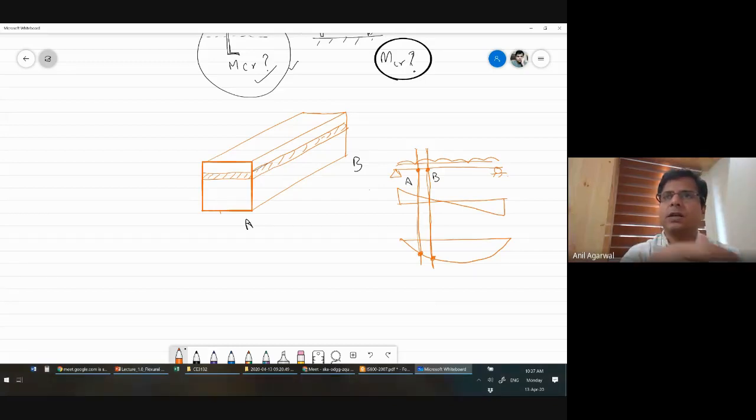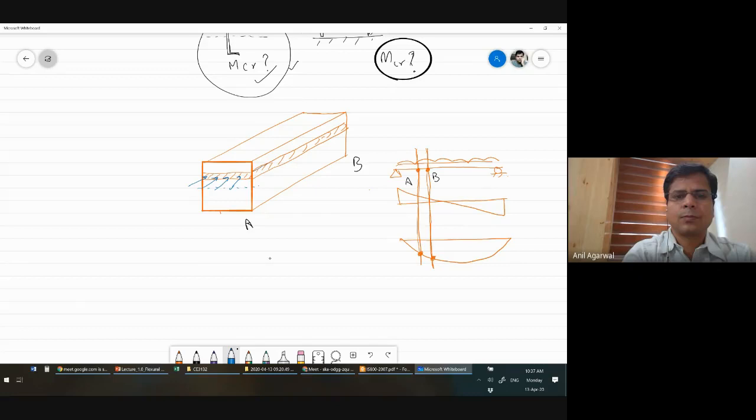Flexural stresses, which are axial stresses, longitudinally. Since this strip is at the top, these are compressive stresses. Compressive forces act at A on this strip, and compressive forces act at B also.